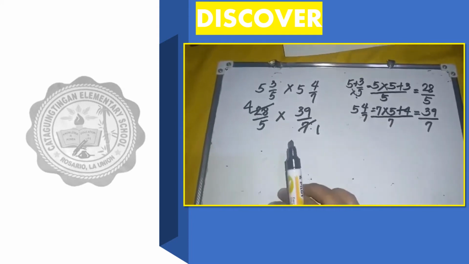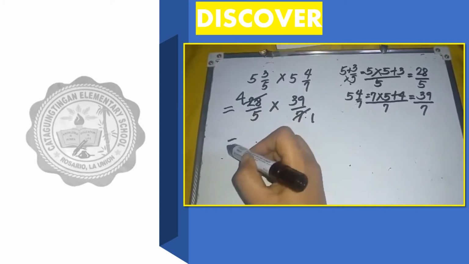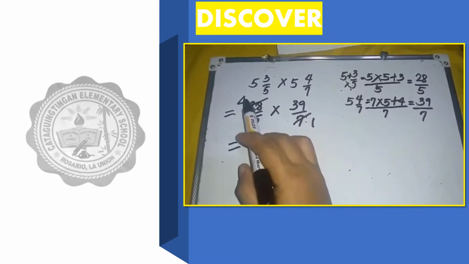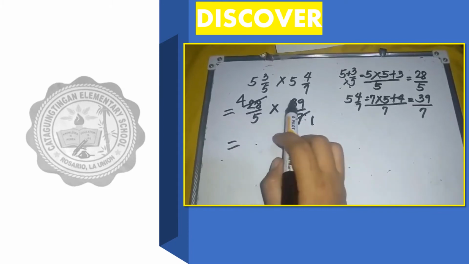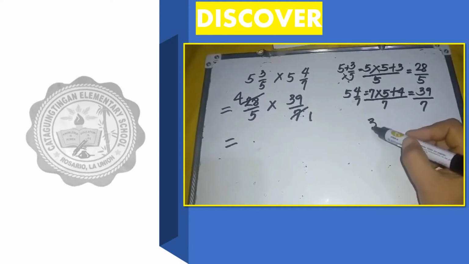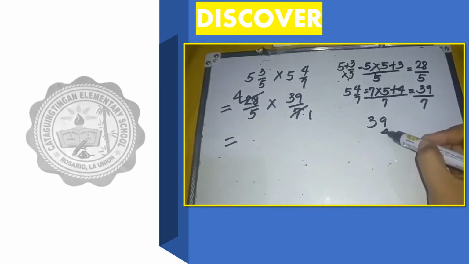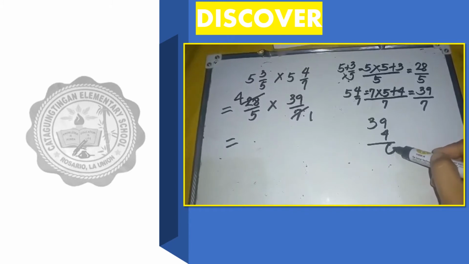Let us proceed to multiplication of numerator and denominator. The first one is the numerator. So, we will multiply 4 times 39. 4 times 39 is, so try natin. 9 times 4 is 36, so 6.